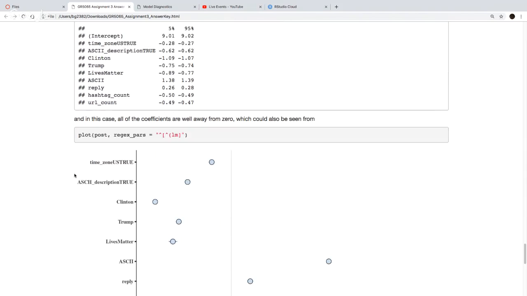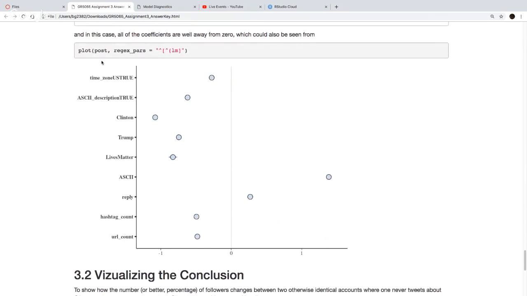You could get the same conclusion by doing a plot. In order to see it on a reasonable scale, you need to exclude the intercept and some stuff like that with a regular expression. But all of these are estimated such that the 90% credible interval is less than the width of the dot, so either on the positive side or the negative side of 0.